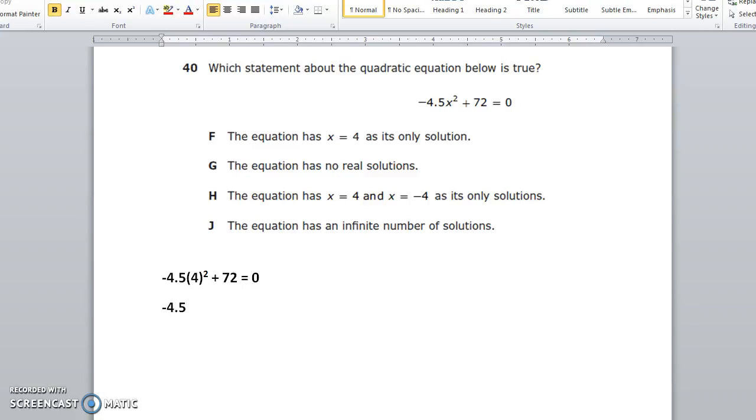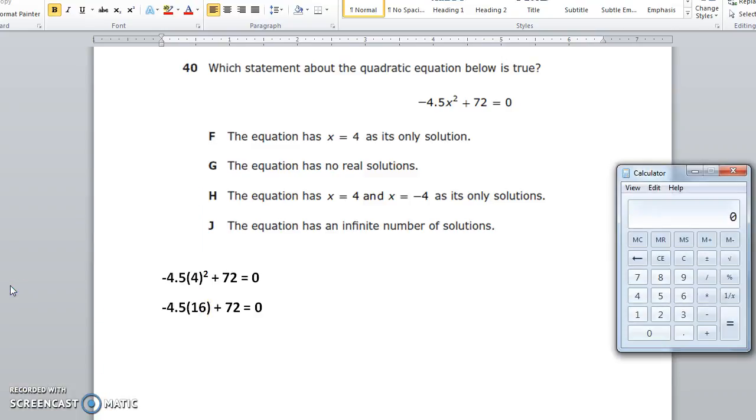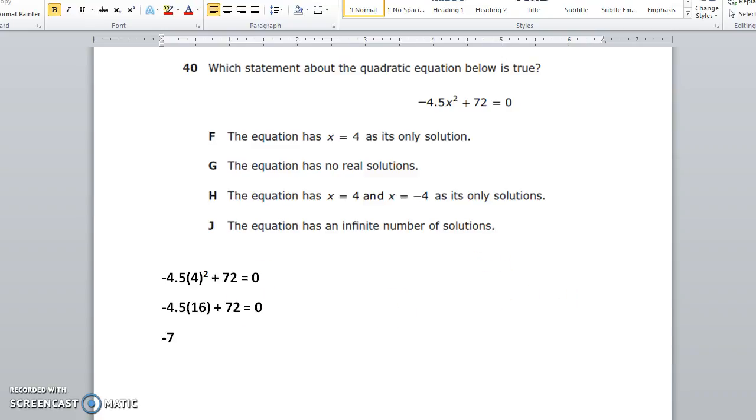I'm going to solve this in my calculator. Order of operations: 4 squared is 16, and -4.5 times 16 is -72.